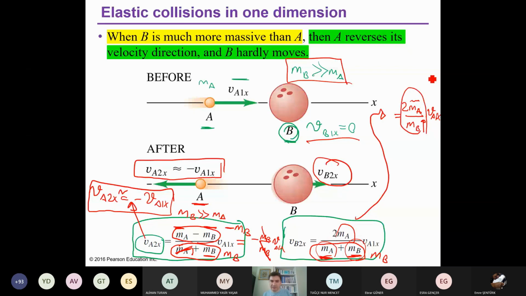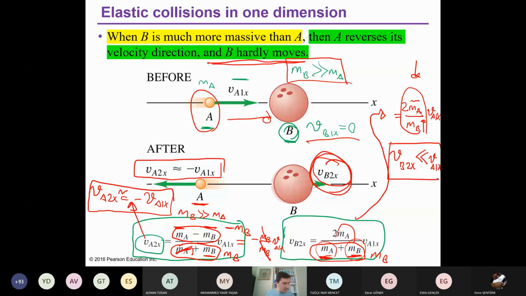Then the final velocity of the B ball is much smaller than the initial velocity of the A ball. So you can transfer some part of the kinetic energy of the A ball to the B ball, and it has a certain velocity, but this velocity is very small due to this relation. So then B hardly moves, okay? Any question here? Do you have any question?